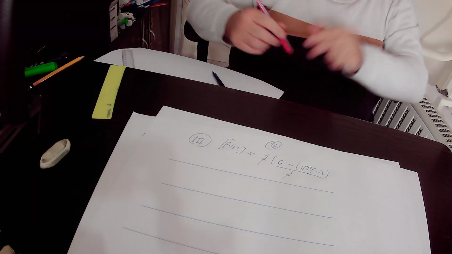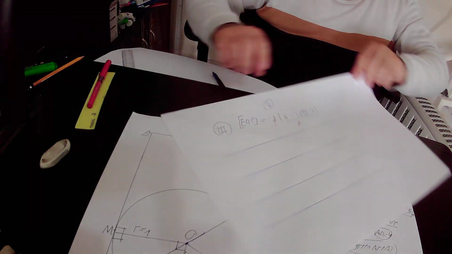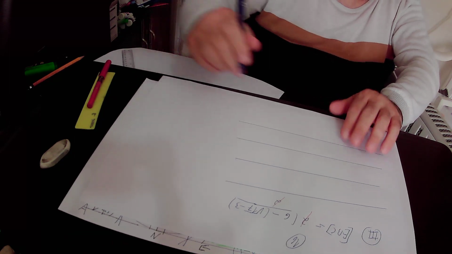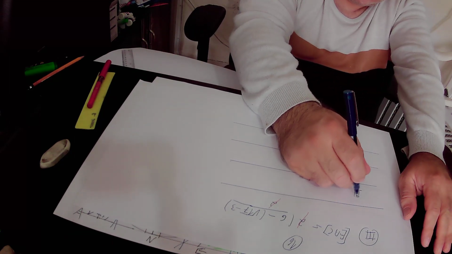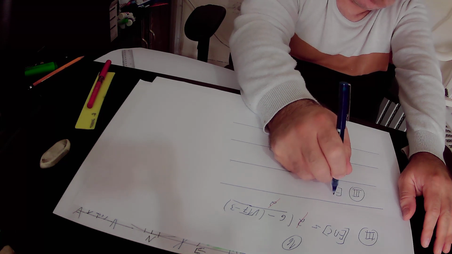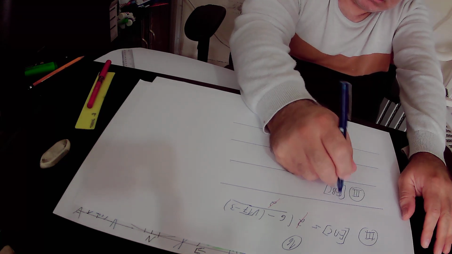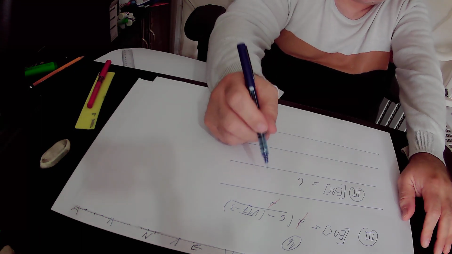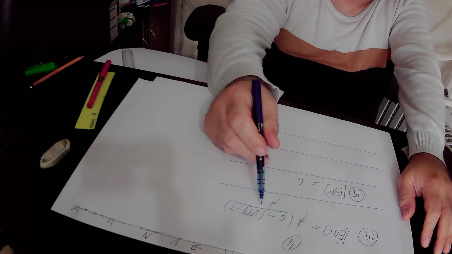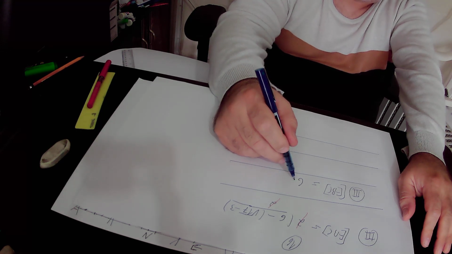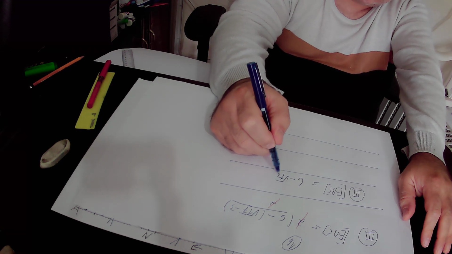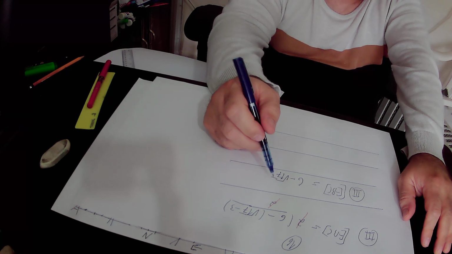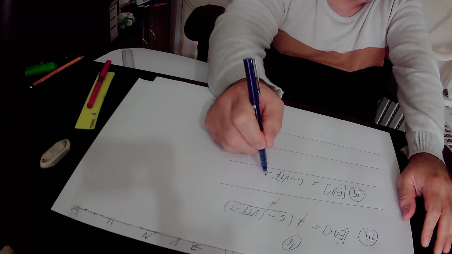And what is left after we cancel 2? What is left is that the area of the green right triangle is equal to 6. We will open the brackets here and we will get 6 minus square root of 17, and minus times minus is plus, so minus 3 becomes plus 3.